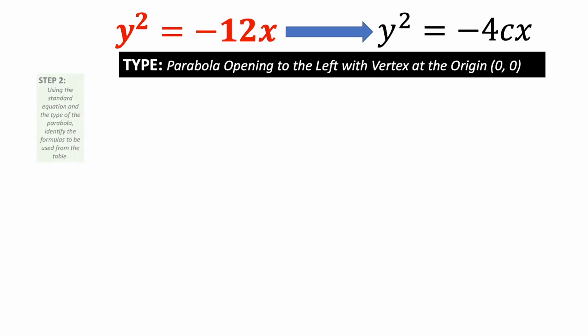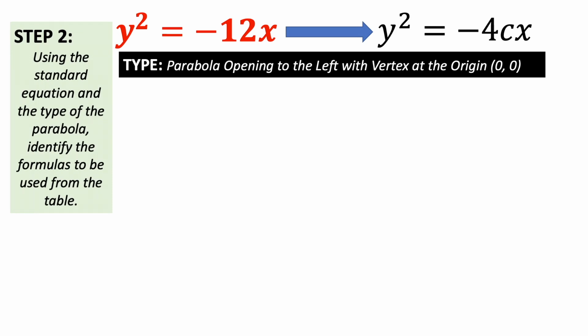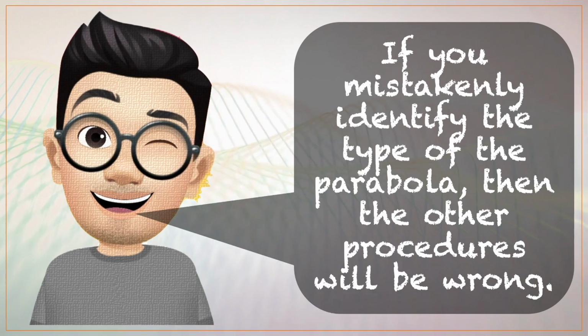The second step is to select the formulas to be used from the formula table. In this step, you will use the type of the parabola and standard equation to correctly and carefully select the formulas to be used. Most of my former students failed to correctly identify the type of the parabola using its standard equation, which led them to the wrong formulas, solutions, and graph.